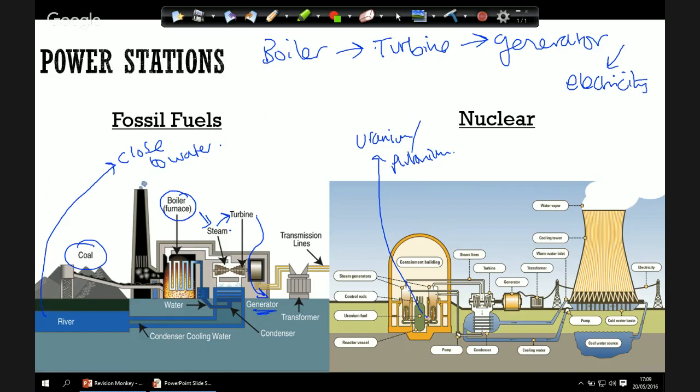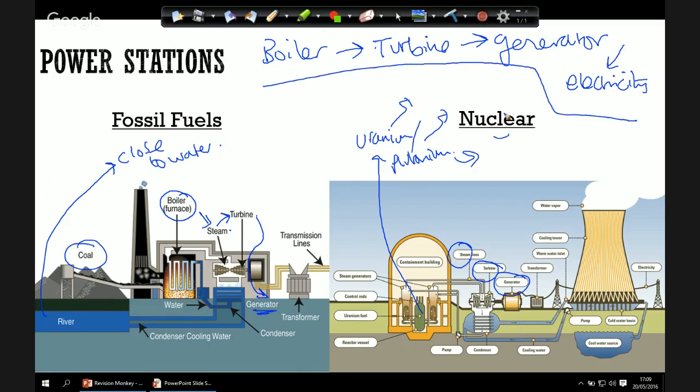And in this nuclear reactor, this will be giving off energy, but again that energy will be used to heat water, which will be turned into steam, and that steam will turn a turbine, that will turn a generator, and you'll generate your electricity. So it has this exact same process.